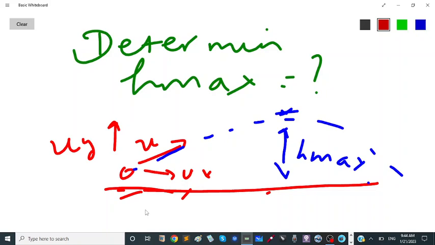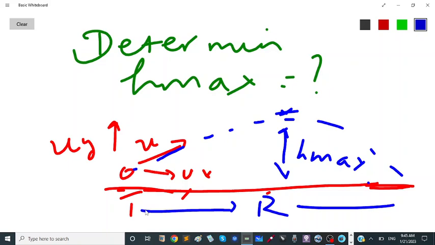The other is the range. Range means from this point to this point, the maximum horizontal displacement, and hmax is the maximum vertical displacement.